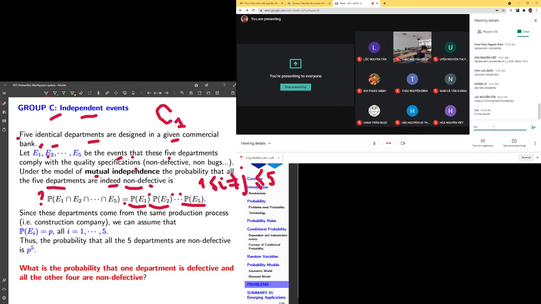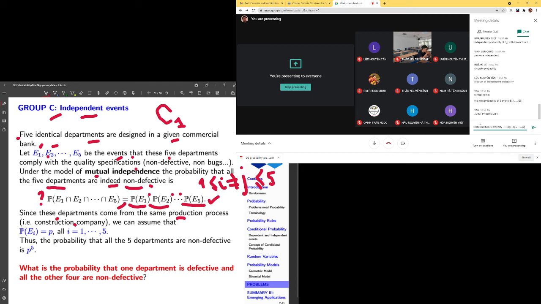That means we think that P of E1, all of them are the same. And because they are the same constant, you can put one parameter value P for all, okay?